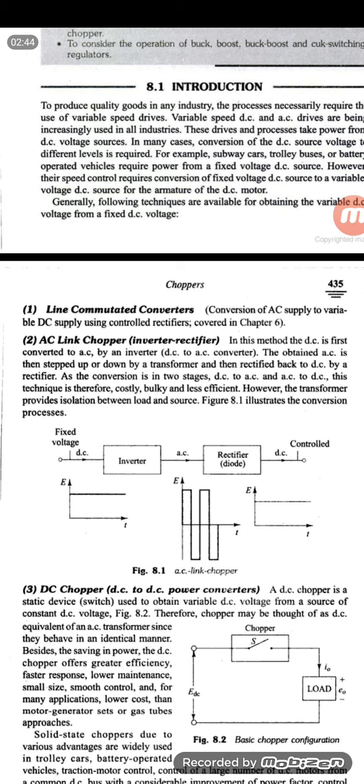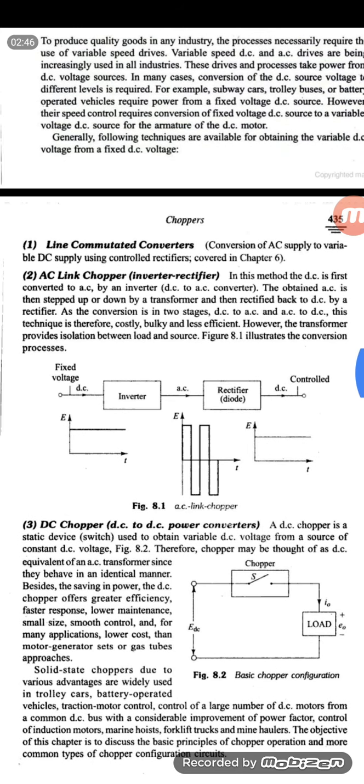The second method to get variable DC is the AC link chopper, with an inverter and rectifier. In the first case, line commutated converters are used to get DC from AC. In the second method, we use two stages.